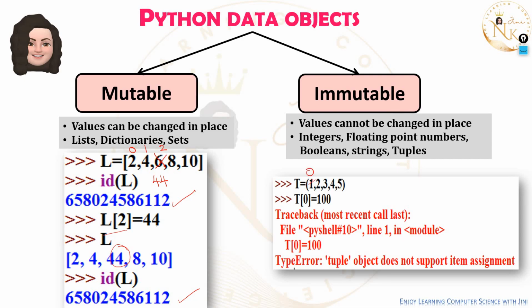I want to change this 1 into 100. So I am writing t[0] = 100. It raises an error. What error is it showing? TypeError: 'tuple' object does not support item assignment. That is, tuples are immutable. You cannot change the values in the same memory location. So integers, floating point numbers, booleans, strings and tuples are immutable.